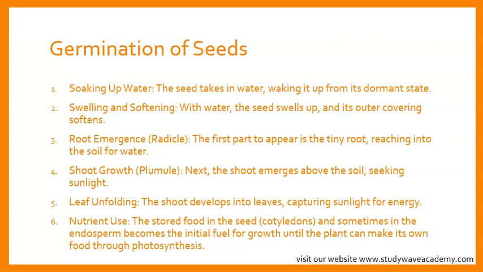Then root emergence. The first part to appear is the tiny root, reaching into the soil for water. After the seed softens, a tiny root pops out, searching for water in the soil. Okay? And then shoot growth. Next, the shoot emerges above the soil, seeking sunlight.